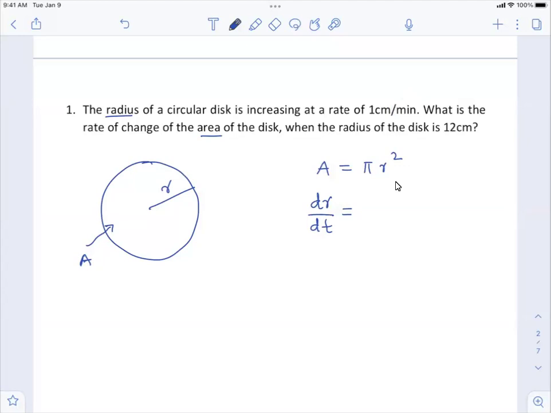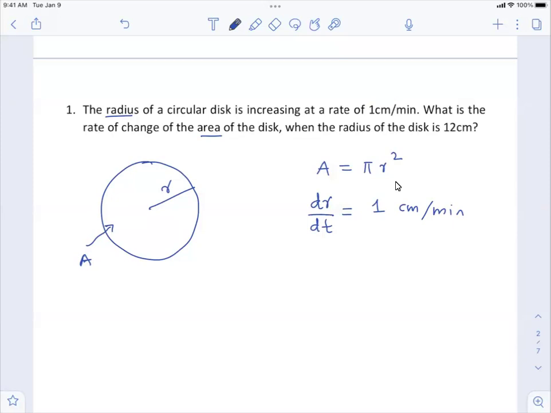So dr/dt, the rate of increase of the radius. If in a certain occasion it says decreasing instead of increasing, then we may need to have a negative sign in front. But in this scenario, we will have just 1, and of course centimeters per minute. I will just indicate it here. But as long as we are consistent with our units, we do not need to pay too much attention to those.